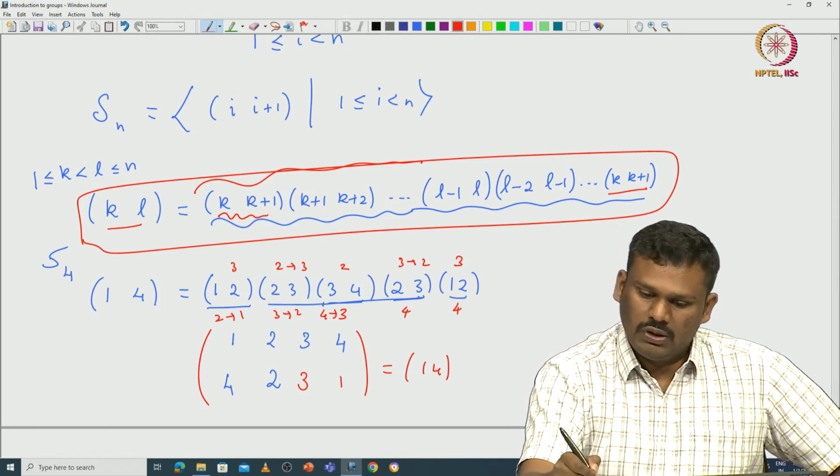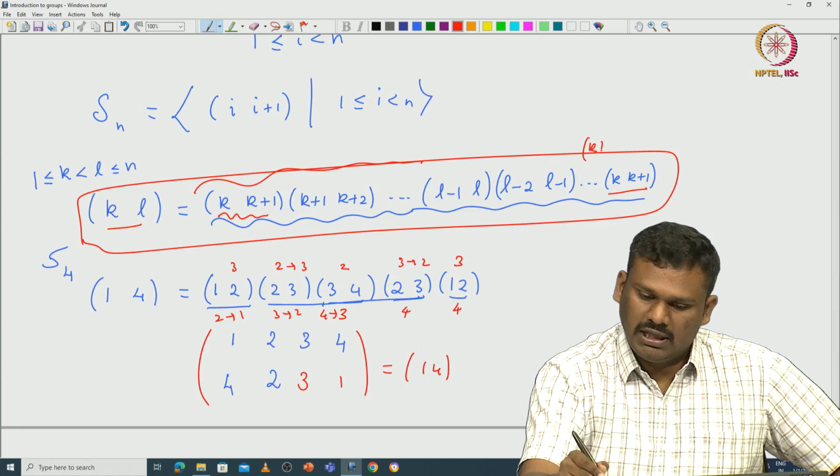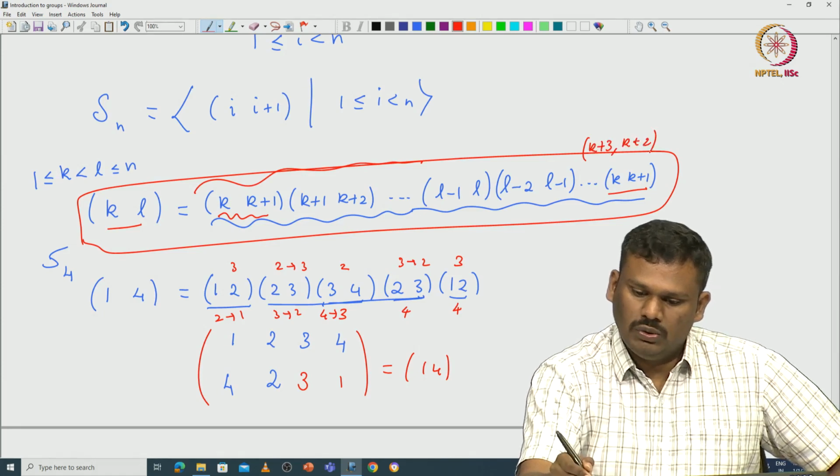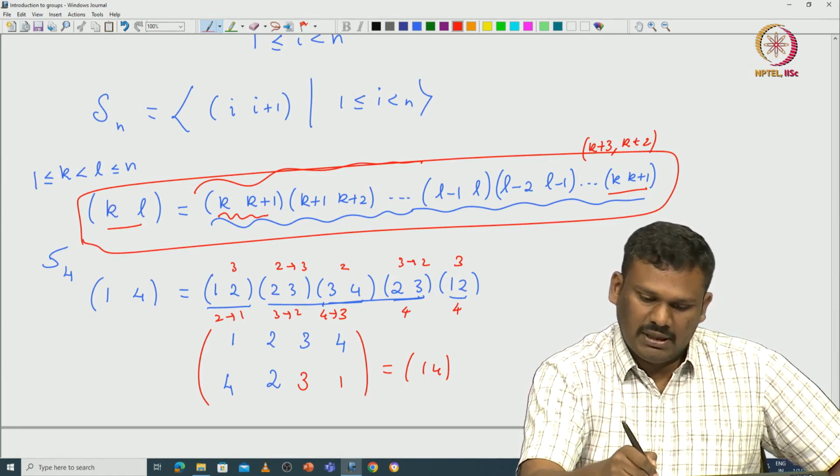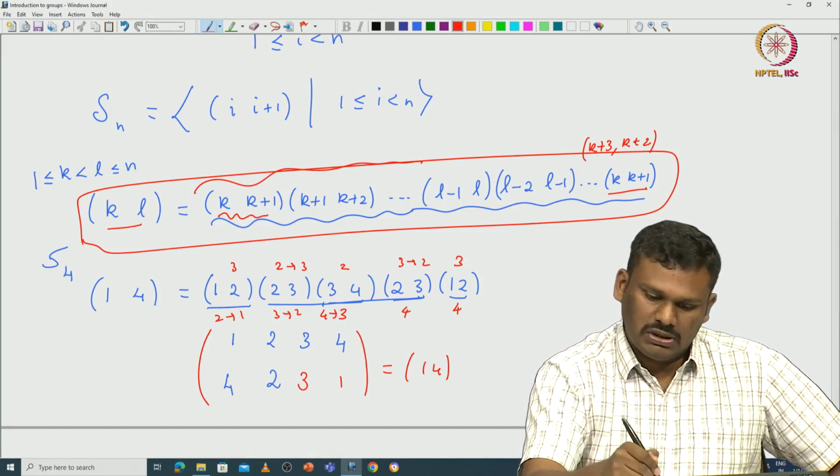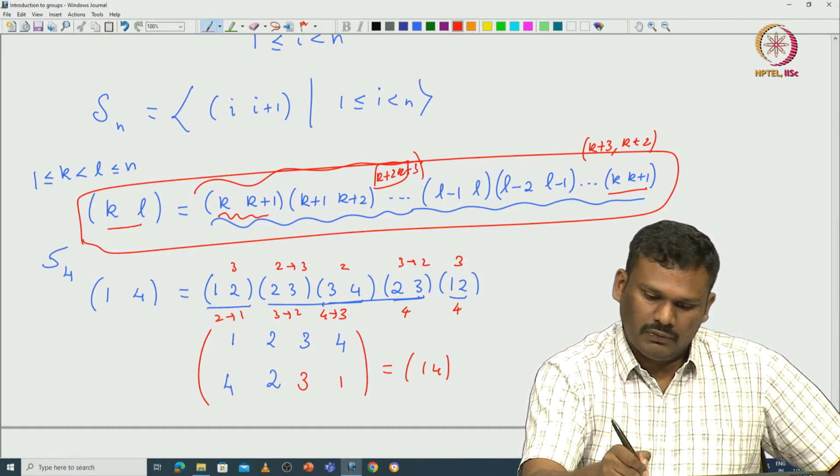Similarly, if you go to K plus 2 here, what will be the term? This K plus 3, K plus 2. So, K plus 2 goes to K plus 3. It is fixed everywhere except in this term where K plus 2 goes to K plus 3. Okay.